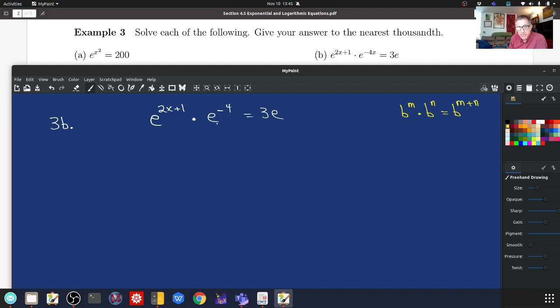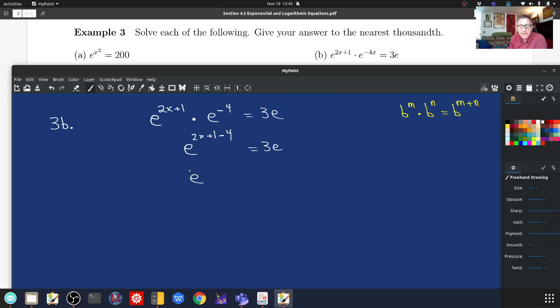So over here my bases are e. So this is e raised to the 2x plus 1 minus 4, and that's equal to 3e. So simplifying the polynomial as an exponent, that's e to the 2x plus 1 minus 4.